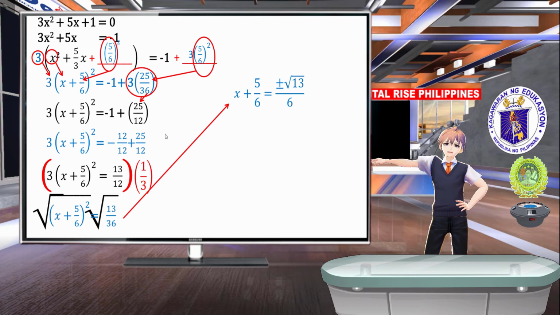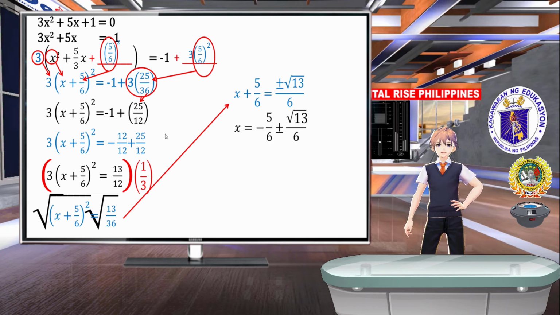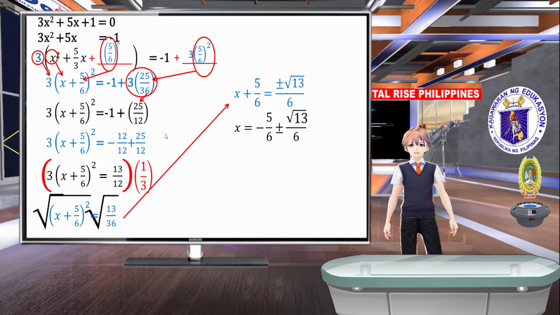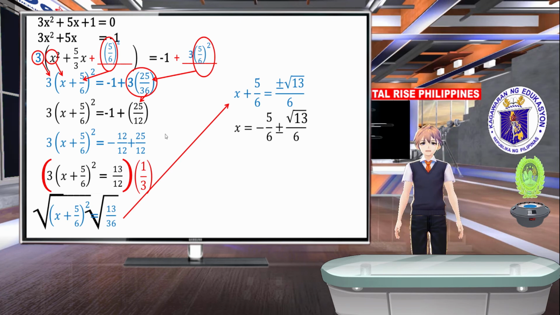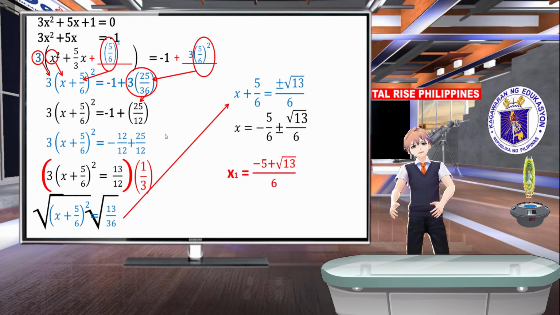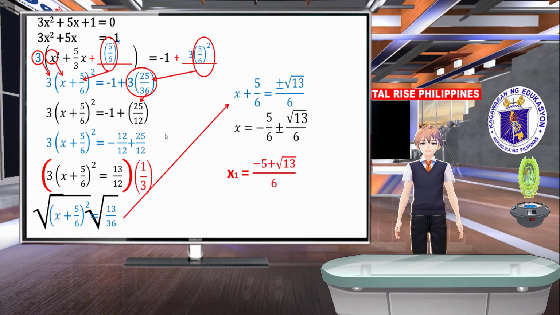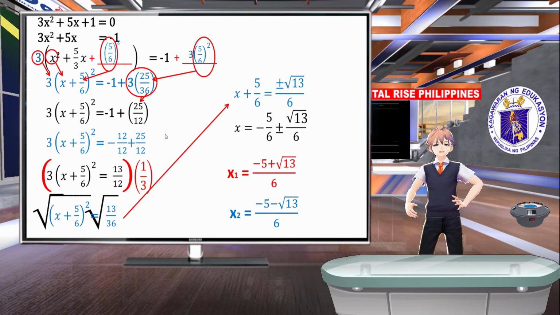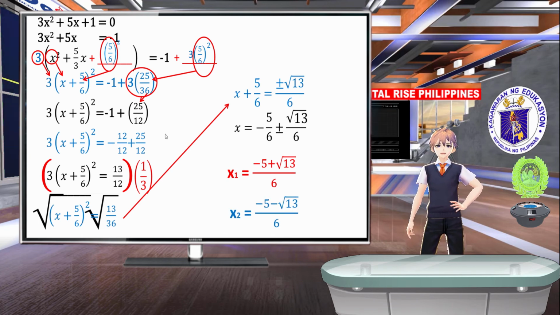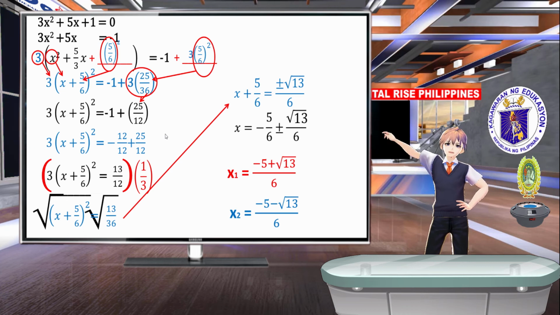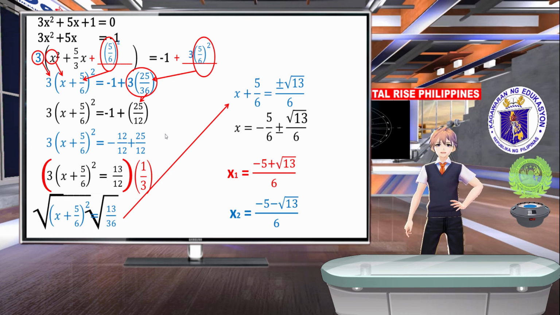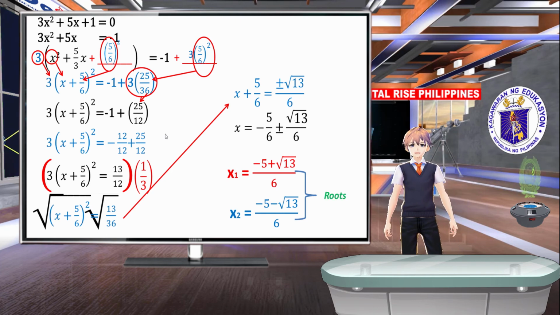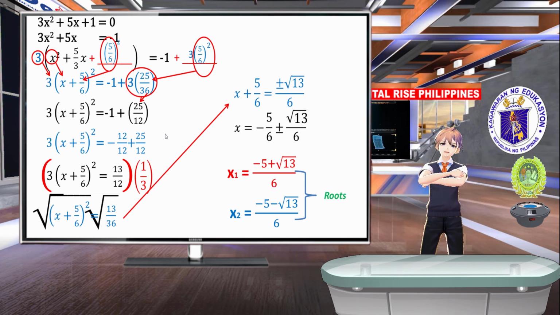Adding both sides by -5/6 will give us x equals -5/6, plus or minus the square root of 13 over 6. From this, we can derive the roots of the quadratic equation 3x squared plus 5x plus 1 equals 0. The roots are x equals -5 plus the square root of 13 over 6, and x equals -5 minus the square root of 13 over 6. There are two irrational and unequal roots.